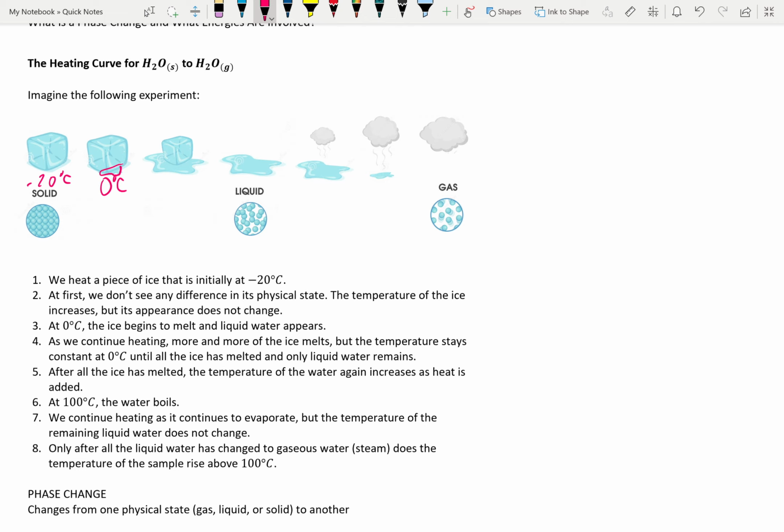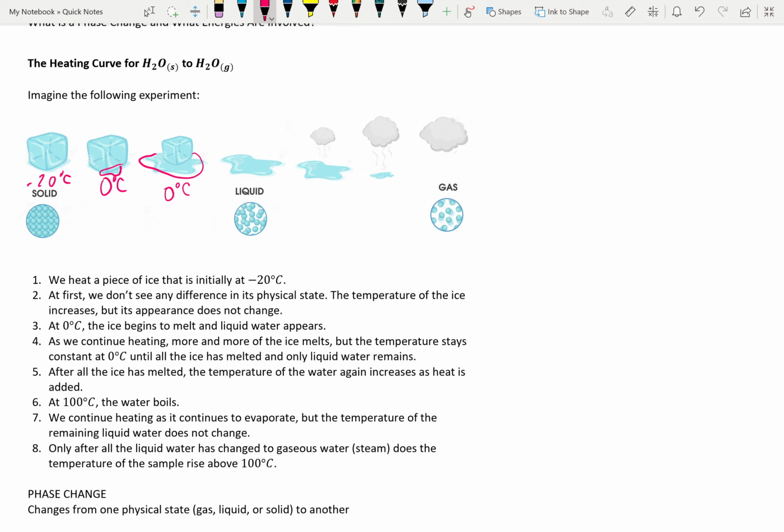So our next picture here is still at 0 degrees Celsius, even though we have more of the ice melted, but we still have some ice present there. So up until we get to the all liquid phase, where our 0 degrees Celsius can start increasing in temperature.